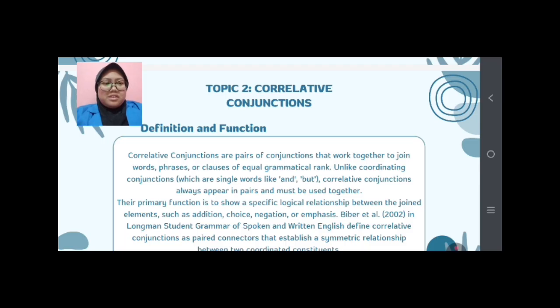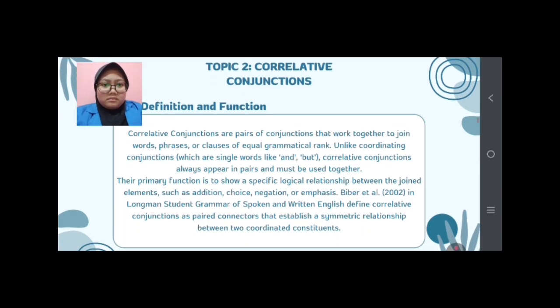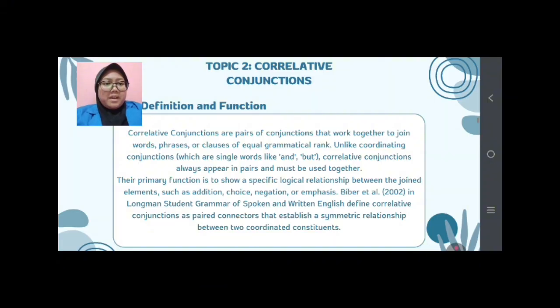Two, I choose correlative conjunctions. Definition and function. Correlative conjunctions are pairs of conjunctions that work together to join words, phrases, and clauses of equal grammatical rank. Unlike coordinating conjunctions, which are single words like "and" or "but", correlative conjunctions always appear in pairs and must be used together.